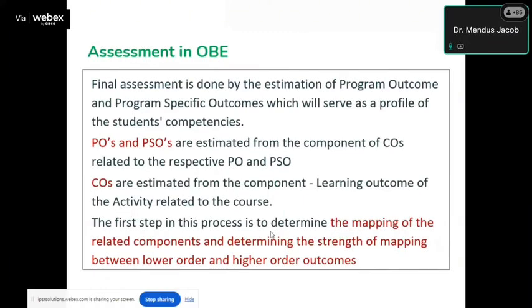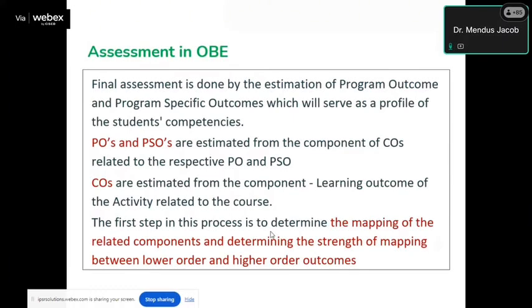Now, when we go for the assessment in OBE for attainment calculation, the final assessment is done by the estimation of program outcomes and program specific outcomes, which will serve as a profile of the student's competencies. That means once we calculate the POs and PSOs for a particular student, that can act as the profile of the student. POs and PSOs are estimated from the component of COs related to the respective POs and PSOs.